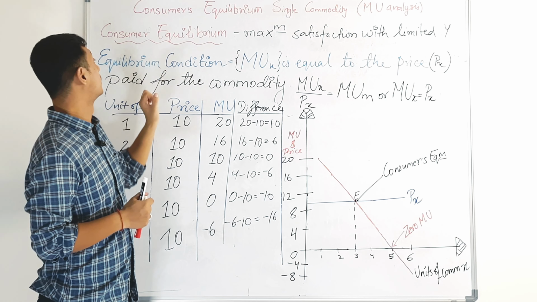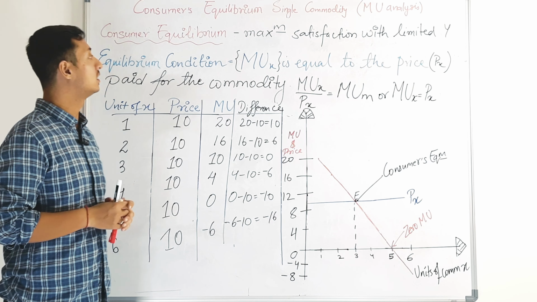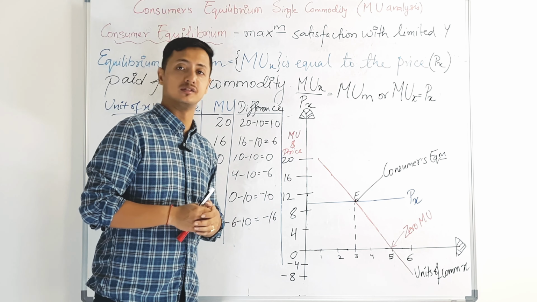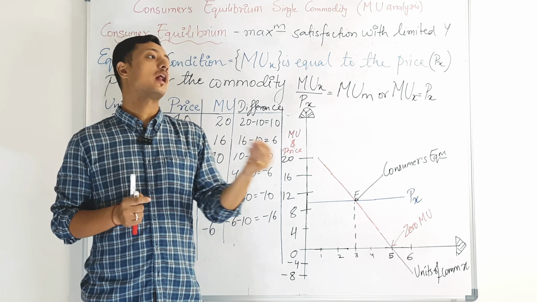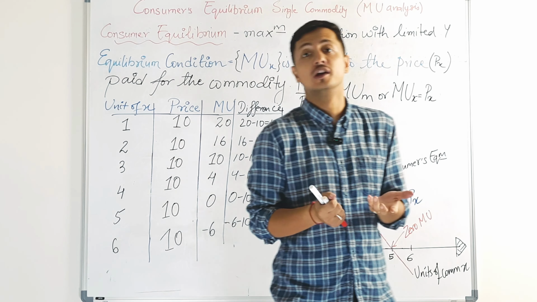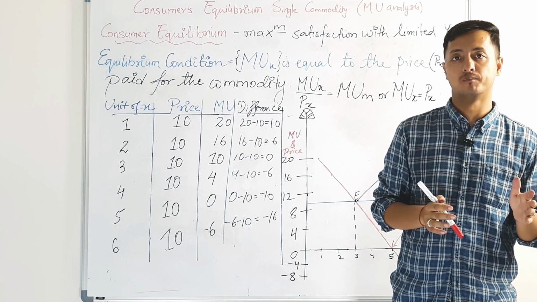The equilibrium condition in a single commodity is when marginal utility is equal to the price. Suppose you bought an ice cream worth 20 rupees and you got utility worth 20 rupees. That is the state when you reach equilibrium.